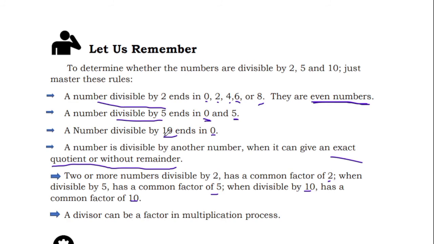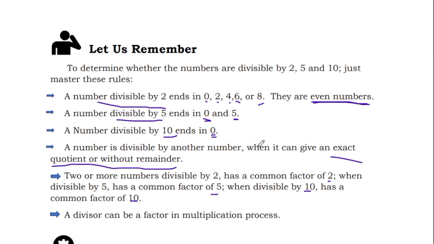If it is divisible by 10, the number must end with 0. In the divisibility rules, a certain number is divisible by another number if we can create an exact quotient, that is, the remainder is 0.